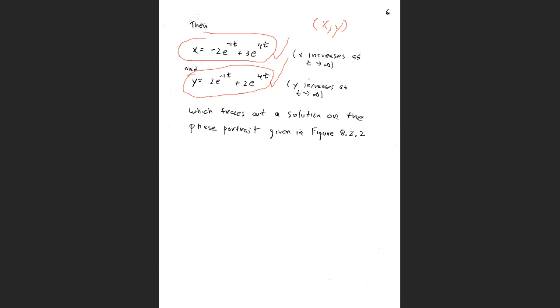I notice that these coordinates are going to increase with t as t goes to infinity, because you have the e to the 4t. And this will actually trace out a solution on the phase portrait given in figure 8.2.2. I'm going to display that for you as soon as you're done copying this.